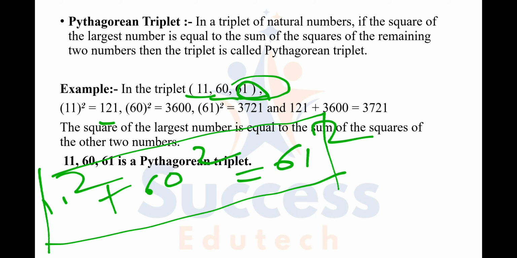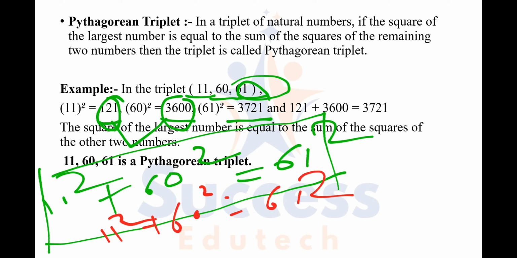Now 11 square is 121, 60 square is 3600 and 61 square is 3721. If I add 11 square plus 60 square, we get 61 square. That means all three numbers are a Pythagorean triplet.